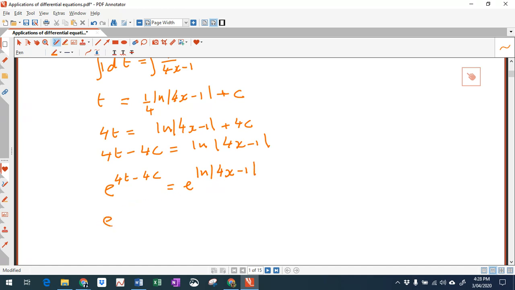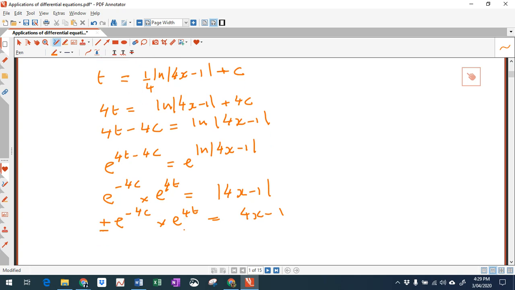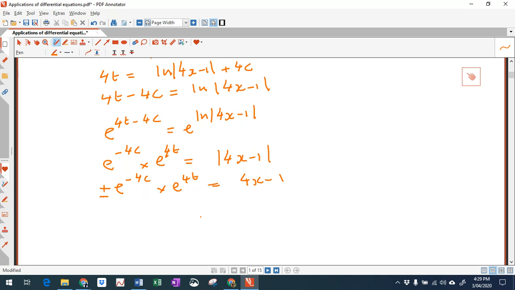Now let's write this as e to the minus 4c times e to the 4t equals the absolute value of 4x minus 1. Now, to get rid of the absolute value signs, we are just going to put a plus and minus sign over here. Plus, minus.